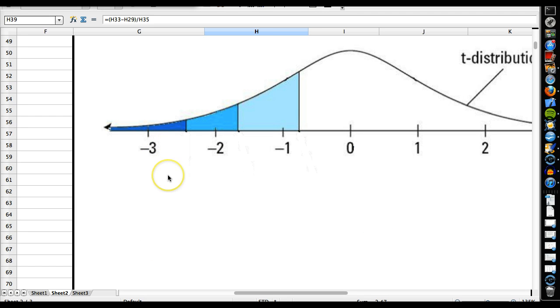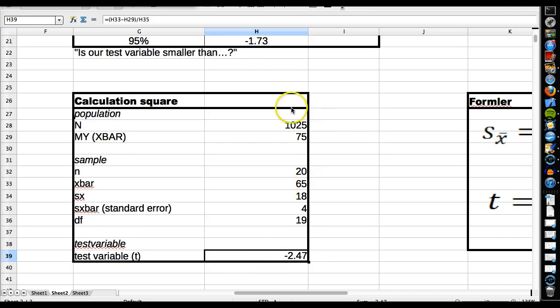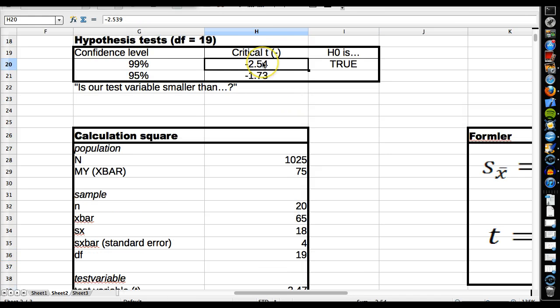We can't say that at the 99% confidence level there is a significant change because we are located to the right of our critical test value. So I'm going to accept the null hypothesis and say it's true, because this number is not smaller than that number. But then again, 99% is a pretty high confidence level, right?